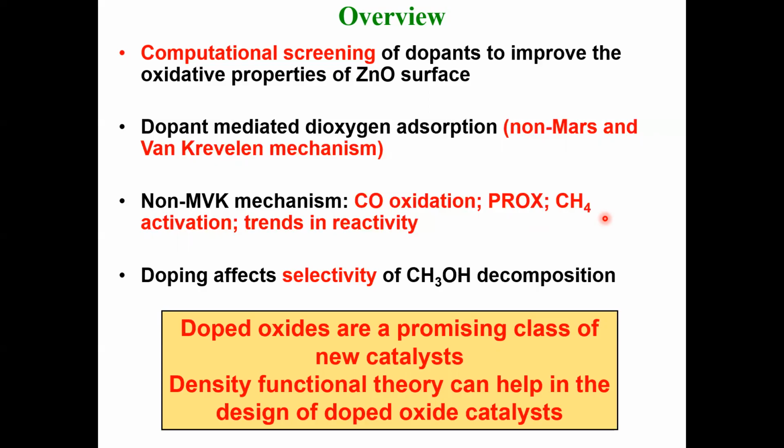We gave a first cut introduction to density functional theory and how it is applicable to doped oxide, and how you screen doped oxide for different catalytic systems that are important industrially: carbon monoxide oxidation, preferential oxidation of carbon monoxide, methane activation, and methanol activation. These are all elaborated in the review article. Let me stop here. If there are questions, we can discuss all the questions in the discussion.